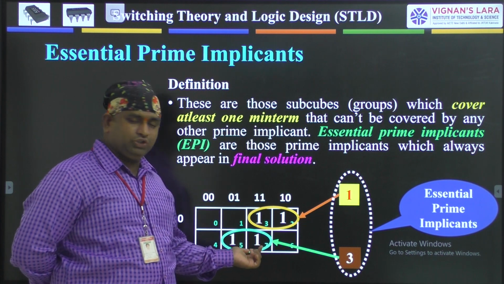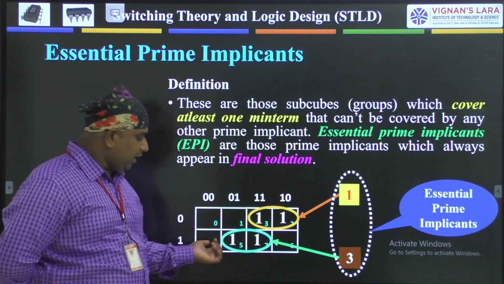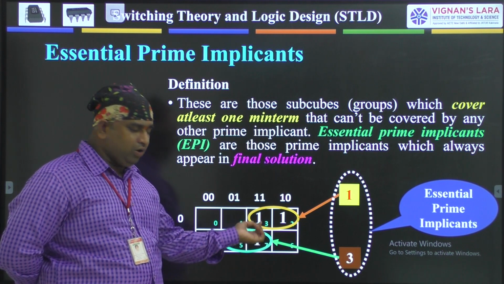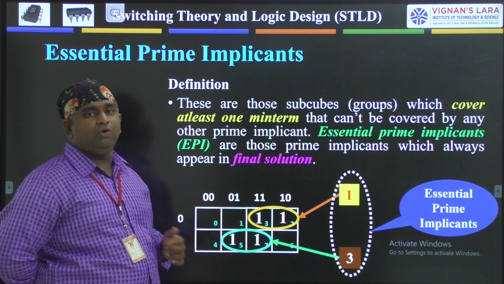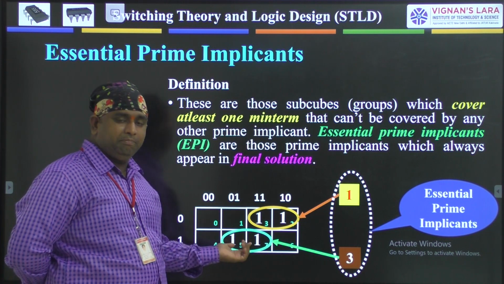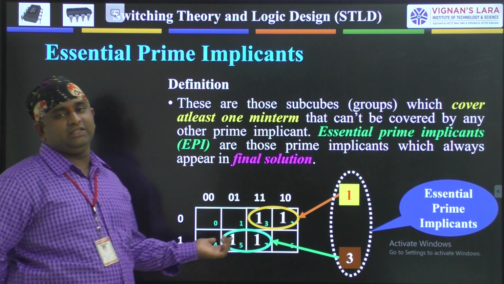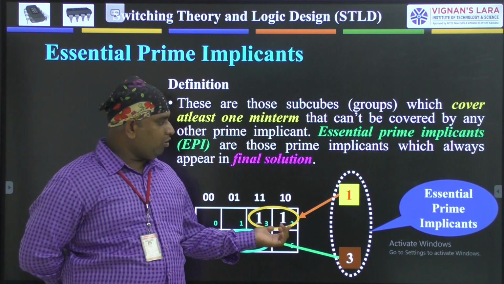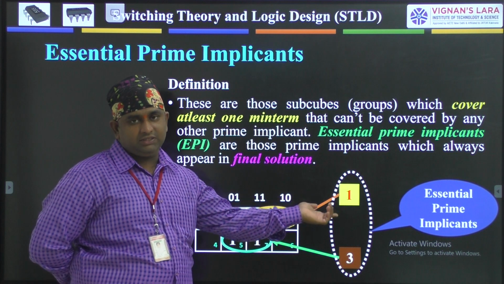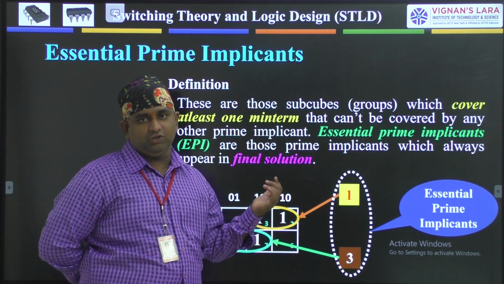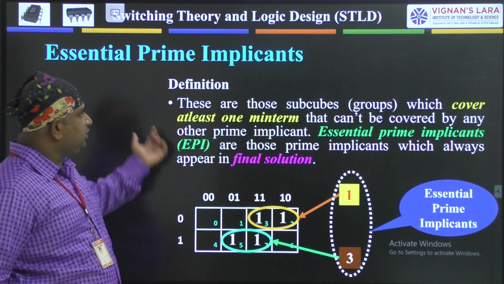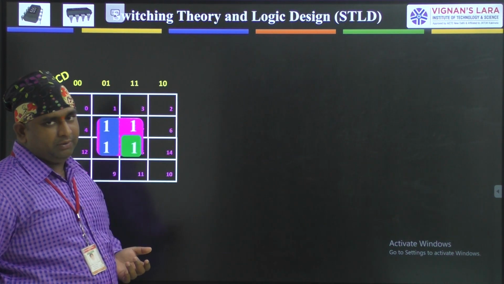Each element should be covered at least once. For the uncovered ones, if you have to make a group to cover them, these are the minimum groups, and they are very important groups. We call these groups essential prime implicants. Hence our solution can reflect these values.